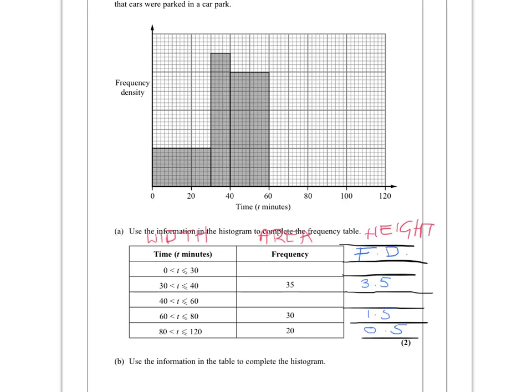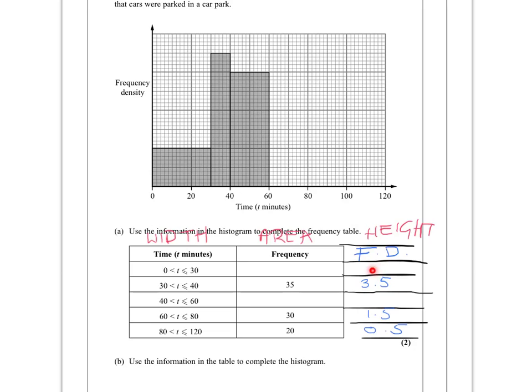Now that's in place, we can start to label the y-axis on the diagram. So there should be one bar that they've given us, one of these 3 bars, for which we know both the width and the area, the frequency as well. It's going to be this one here. The bar from 30 to 40, we're told, has a frequency of 35, so its area is 35.